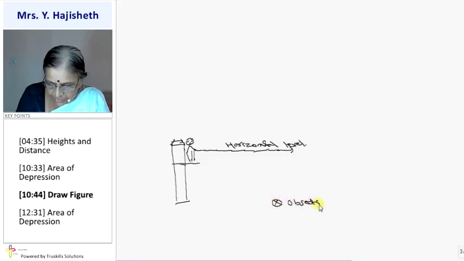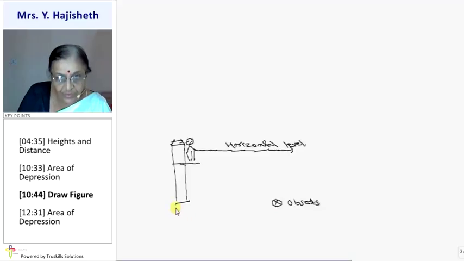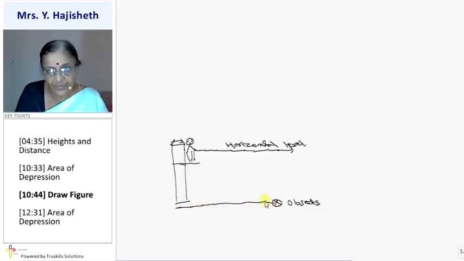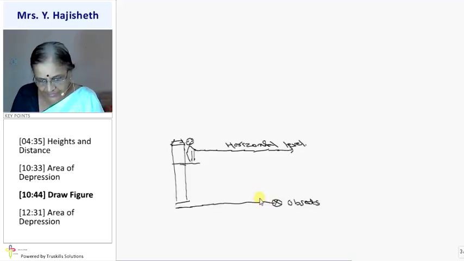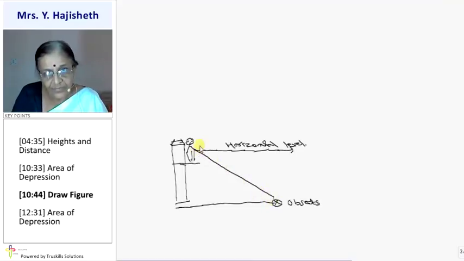A person wants to observe this object, and the person is standing here. So here I can form another horizontal line, okay? And this is my line of sight, okay?